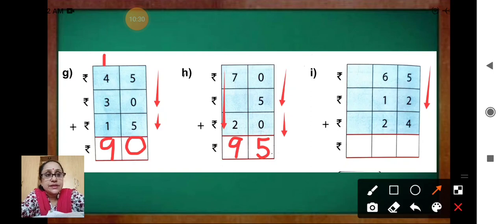What did you get? 7 plus 4 is 11. So we will write 1 here and the 1 will be carried over. Now 1 plus 6, 7. Correct? 1 plus 6 is 7. 7 plus 1, 8.